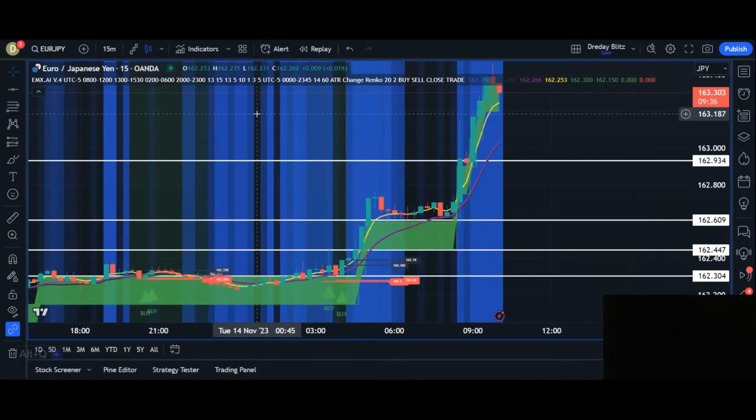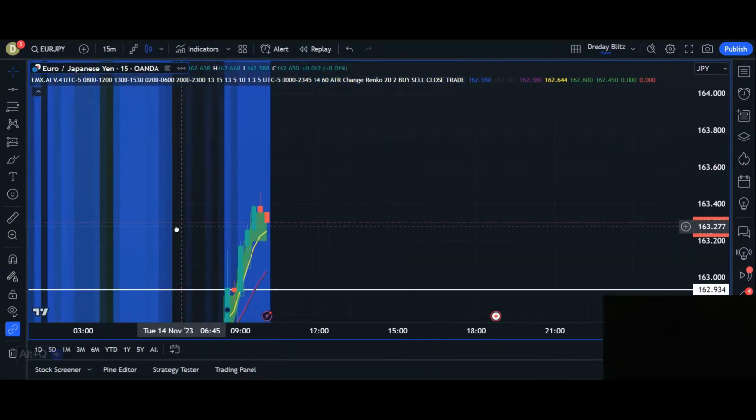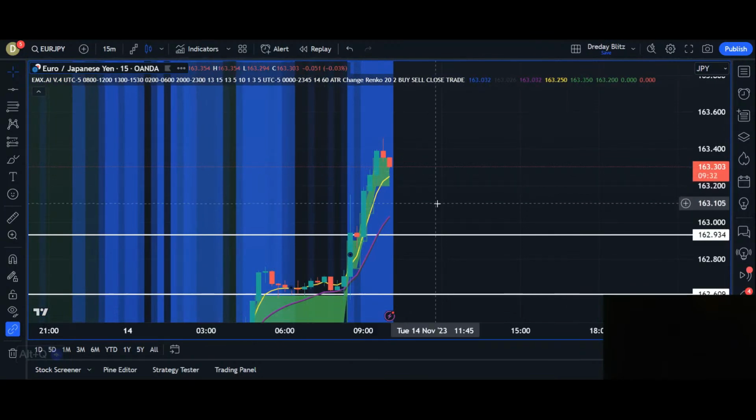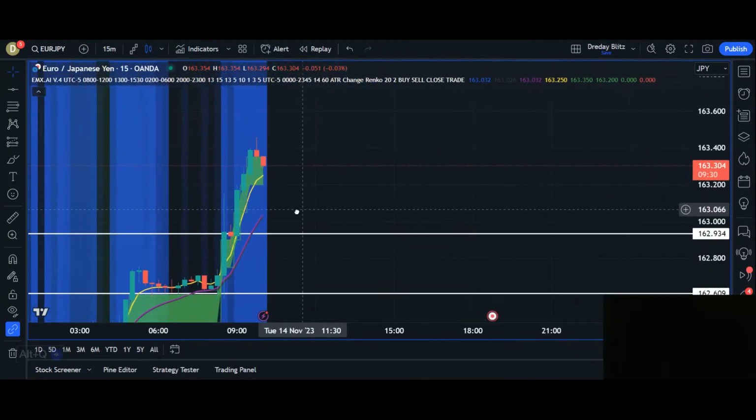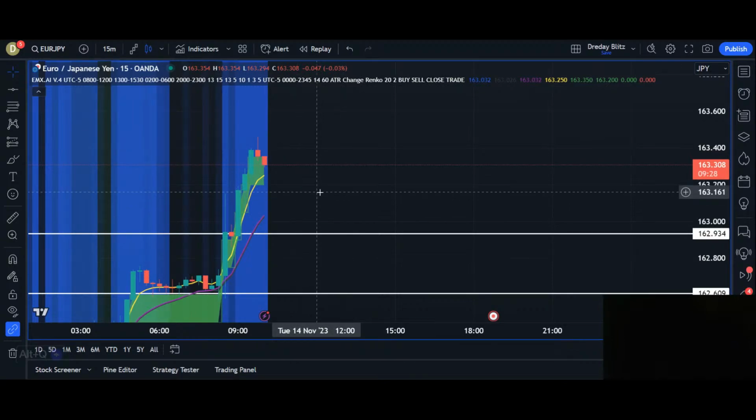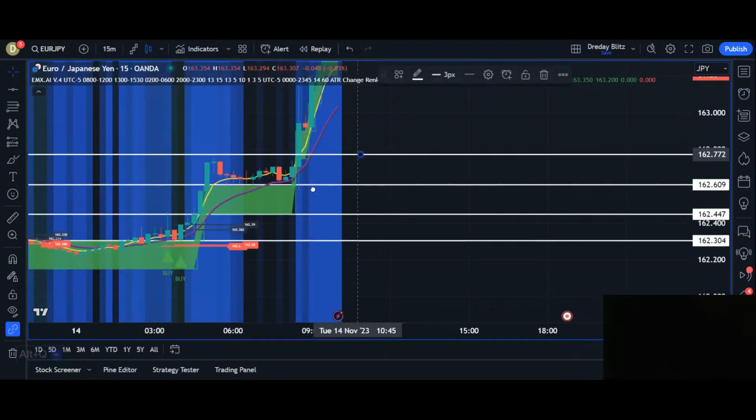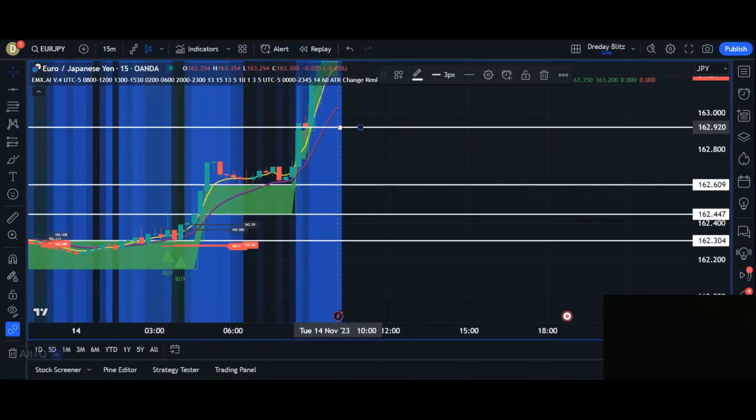So next time it's going to plot the zones. You put the lines here, so that way, let's say it's going bearish, you know that they have to go back to those zones, and so on and so forth. So if you have any questions, just put them in the chat.